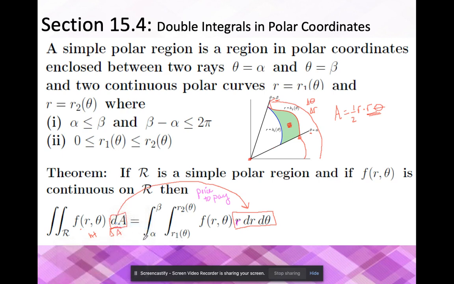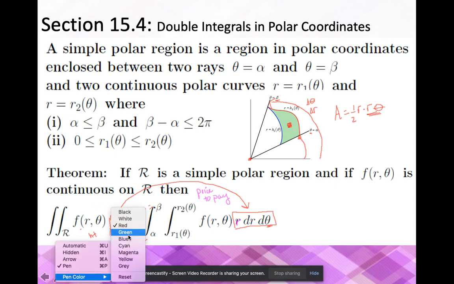Of course, the other thing I have to do is make sure that, since theta is on the outside, here is my smaller theta and my larger theta. And then here are my equations, R1 in terms of theta, R2 in terms of theta. And then, of course, my function is in terms of r and theta.